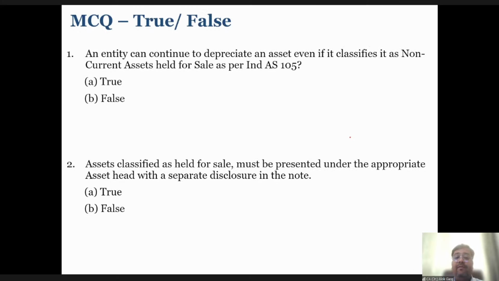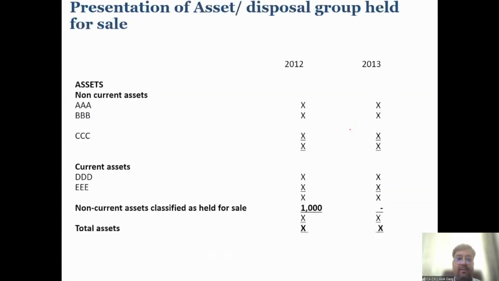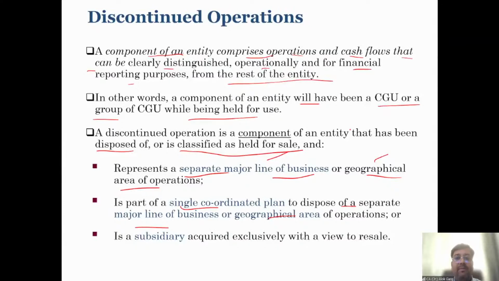Friends, please let me know if you have any doubt in discontinued operations. We have discussed the meaning of discontinued operation. It is a component of the business, and for that component, the management is looking at the financial and operational performance separately, and the management is able to find out the financial and operational performance separately as well, right?